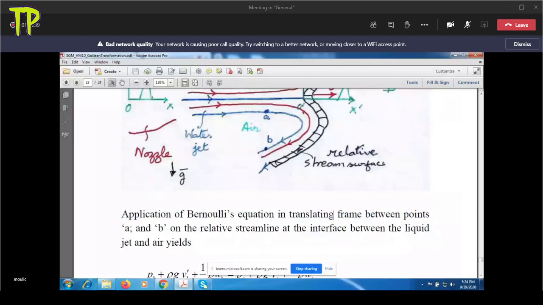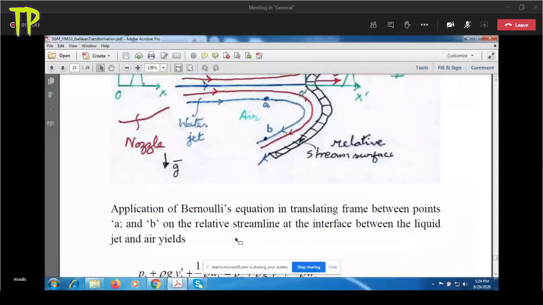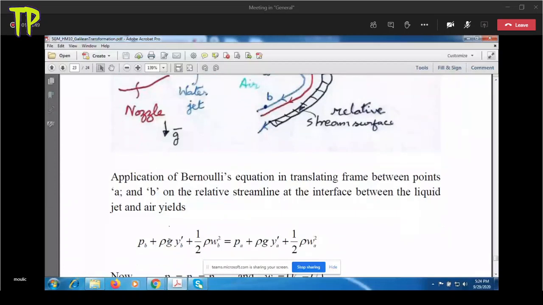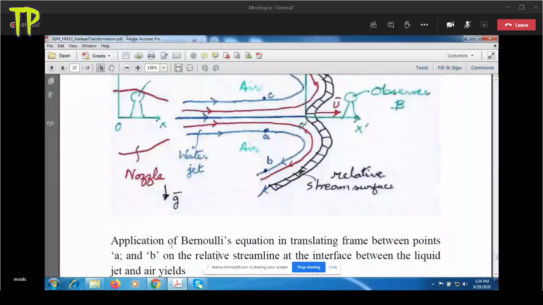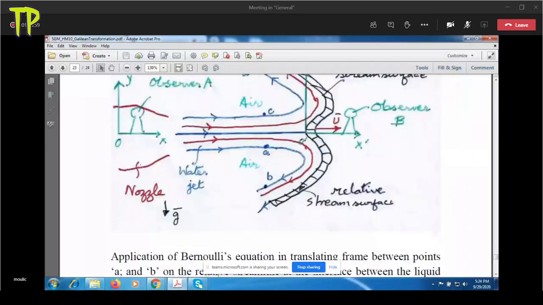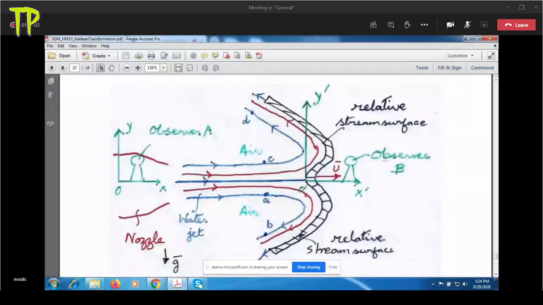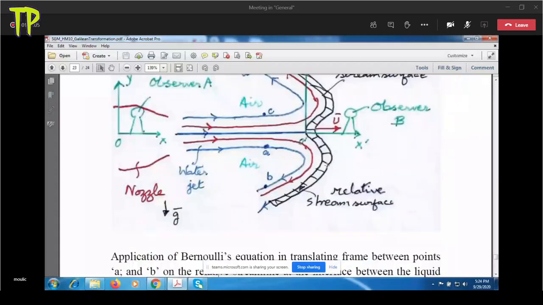Between points A and B on what we're calling a relative streamline at the interface between the liquid jet and air, you have the sum of these three quantities, pressure. Now the potential energy is rho g y, because y is vertical and pointing upwards. So we are using y prime here, which is the same as y.